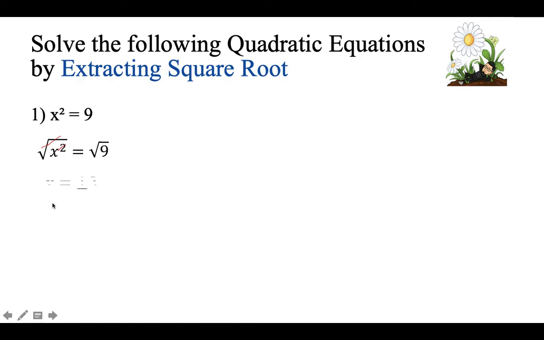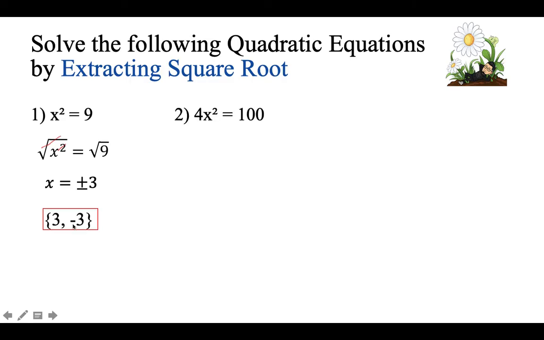So x will be left here. And the square root of 9 is positive 3 or negative 3. So it is not only positive 3, because positive 3 times positive 3 makes 9, as well as negative 3 times negative 3 also makes 9. Therefore, we have two possible values for x, that is positive 3 or negative 3.